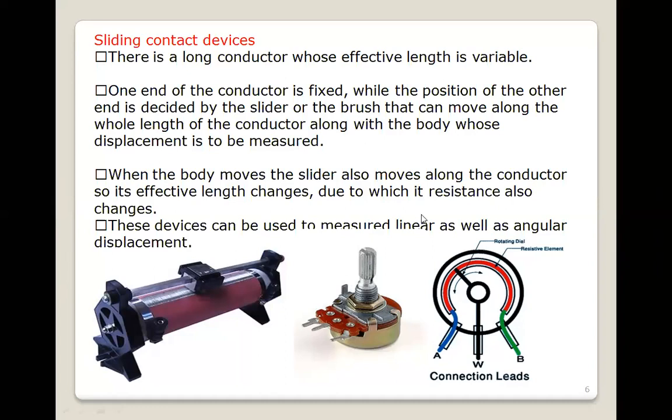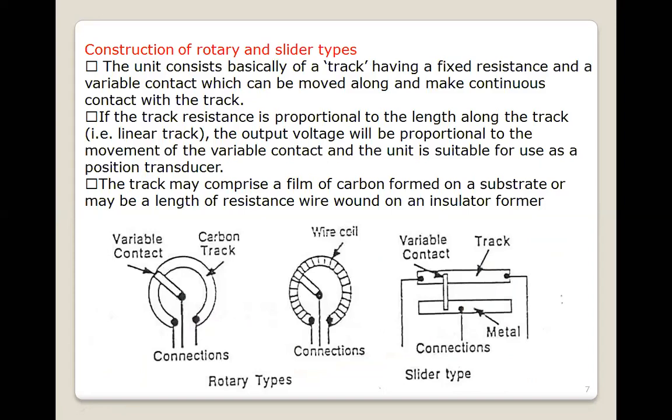This device is also used for the measurement of linear as well as angular displacement. Next one is a rotating or sliding type potentiometer. The unit consists basically of a track having a fixed resistance and a variable contact which can be moved along and make continuous contact with the track.